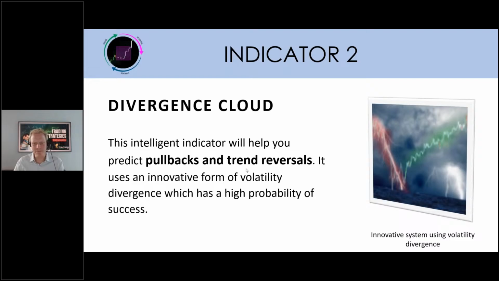But we decided, hey, let's create our own one. We're kind of researchers by heart. We want to do our own thing, and we came up with a new form of divergence called volatility momentum divergence, which, at least in our books and based on our research, is the most telling one for finding pullbacks or entire trend reversals. So this was our second indicator, divergence cloud, in that bundle.